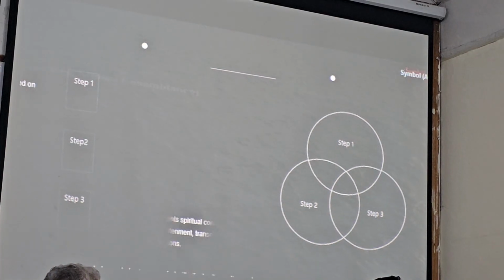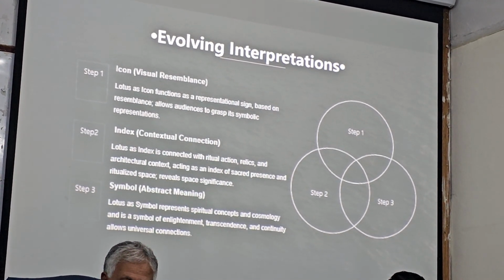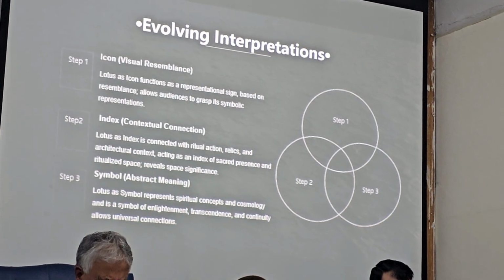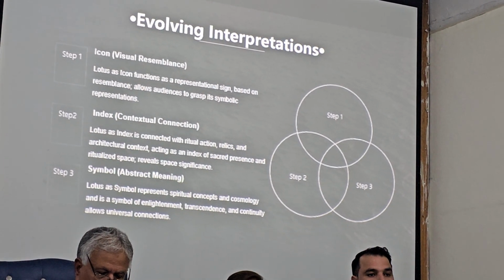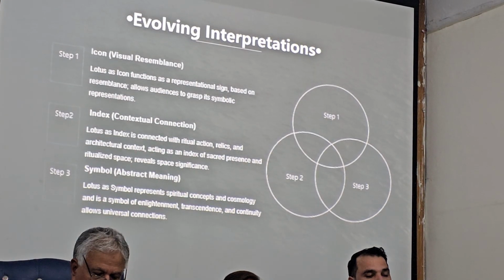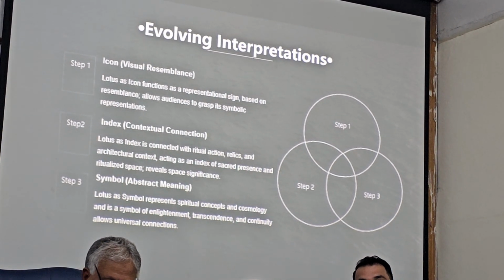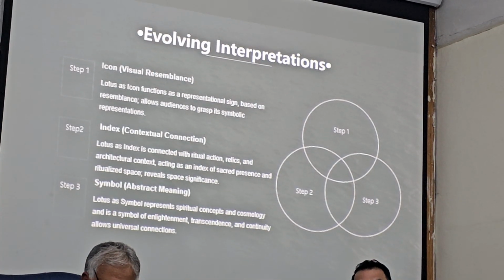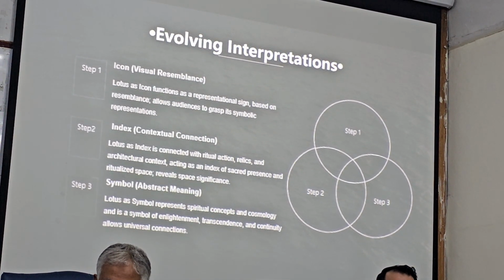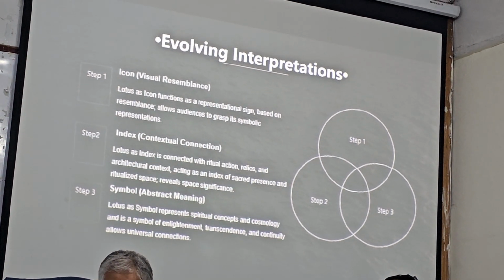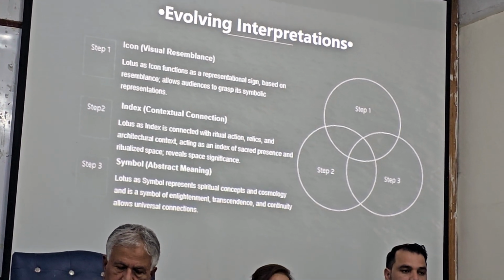Here we speak about the evolution of the lotus. As an icon, the lotus functions as a representation of a sign based on resemblance, as I spoke earlier. Then, as an index, it is used in architectural context and on reliquaries, and it is an index of the sacred presence or a ritualized place or something that is revered in religion.